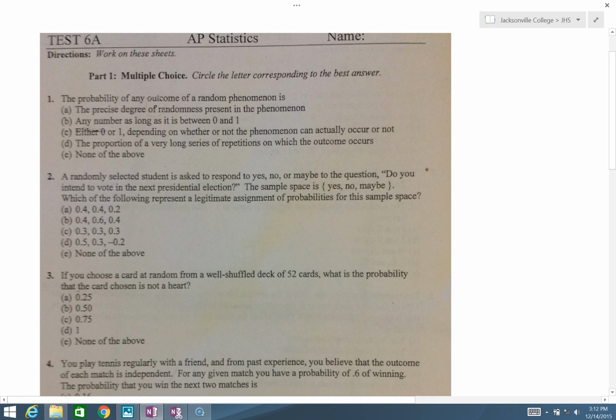Number 1, the probability of an outcome of a random phenomenon is D, the proportion of a very long series of repetitions. This is our definition of probability in the long run.